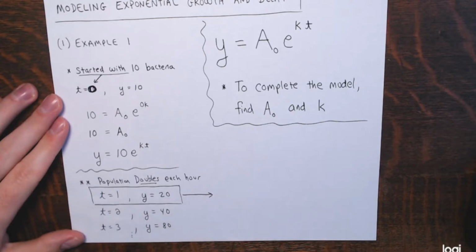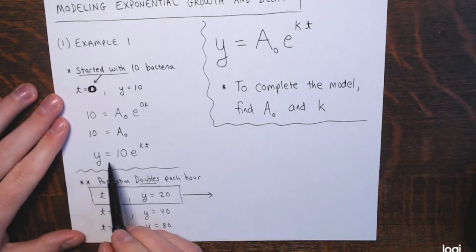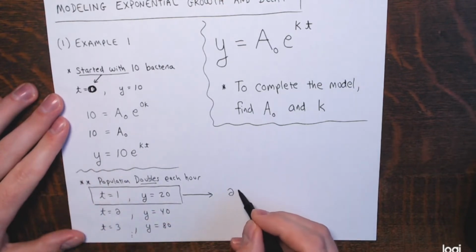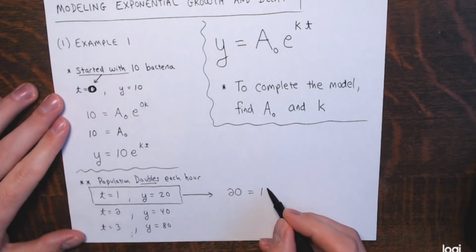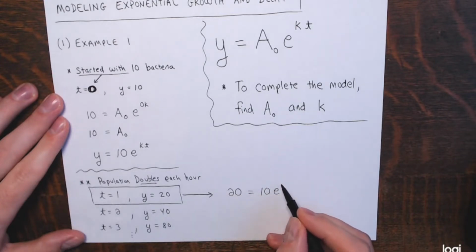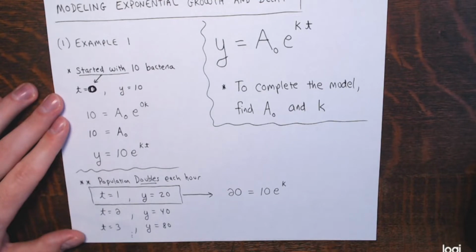So I replace t with 1 and y with 20, and then we'll solve for k. So I have 20 on the left, replacing y, equals 10 times e to the kt, but t is 1, so it's just e to the k. And then I solve this for k, and you should know how to solve such an exponential equation.